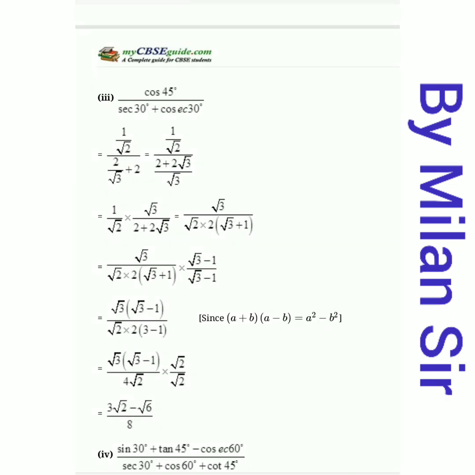Students, keep one thing in your mind. If in our answer any square root is present in the denominator, at that time we need to do the rationalize-the-denominator process, so the root can be removed from the denominator.